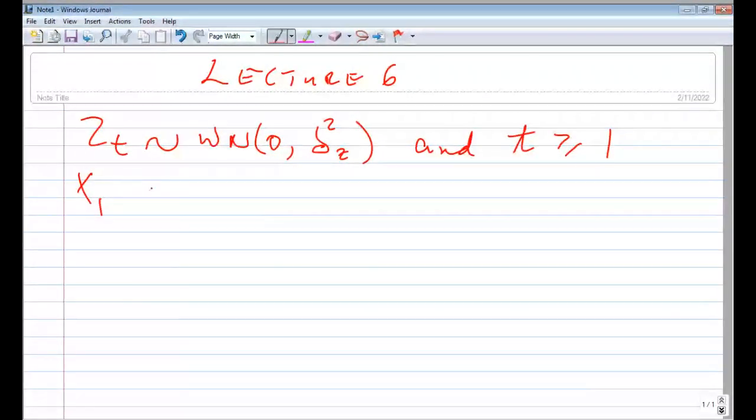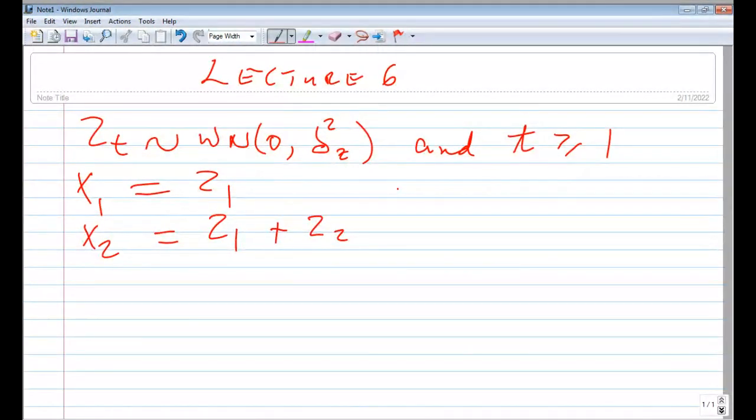X1 can be defined by Z1. Okay, and X2 will be equal to Z1 plus Z2. Okay, so X3 will be equal to Z1 plus Z2 plus Z3.